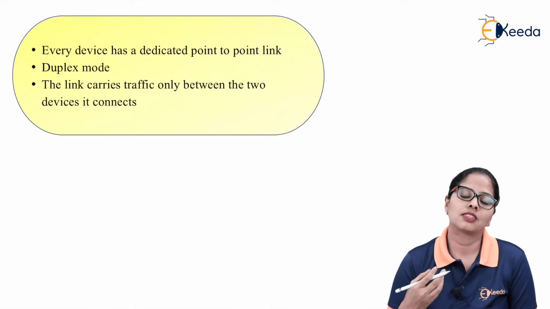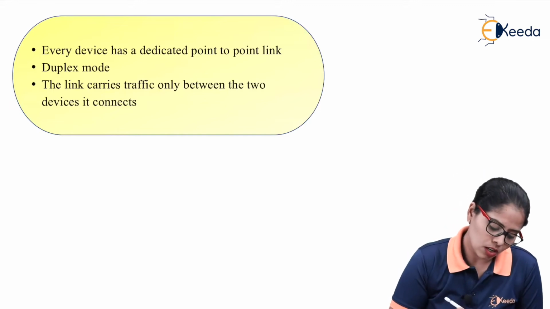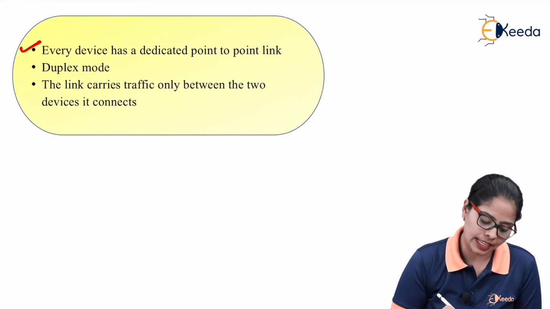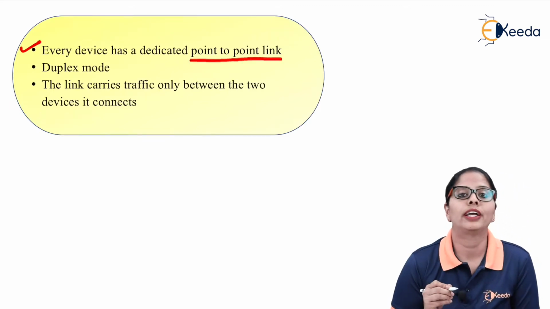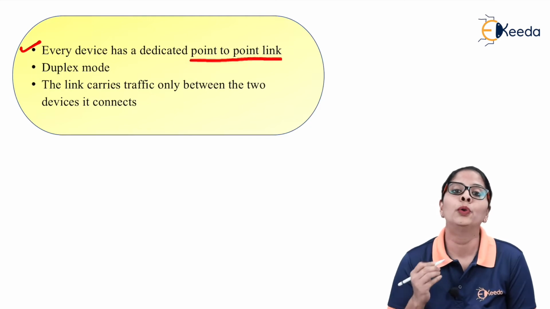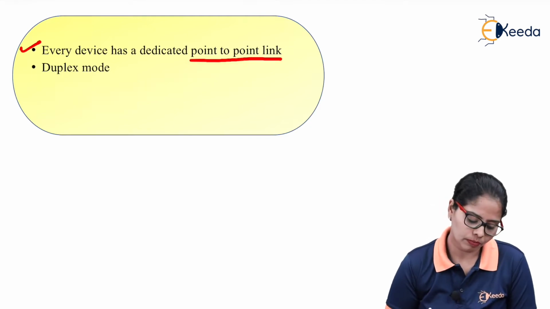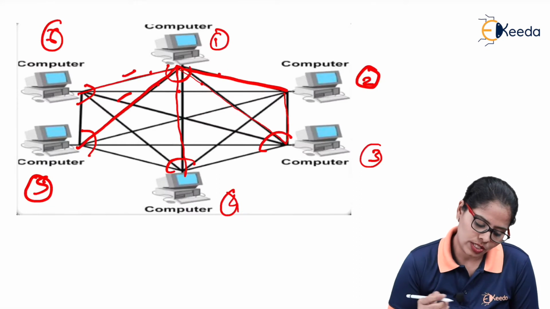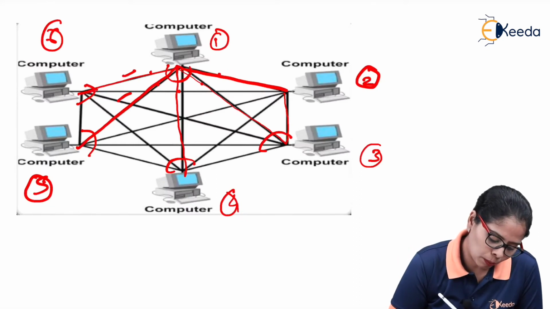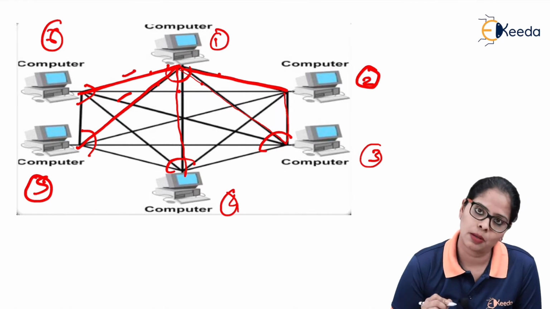So now let us discuss more about the links. Every device has a dedicated point to point link. So what does point to point link mean? Now see here, there is a point to point link between PC number 6 and PC number 1.